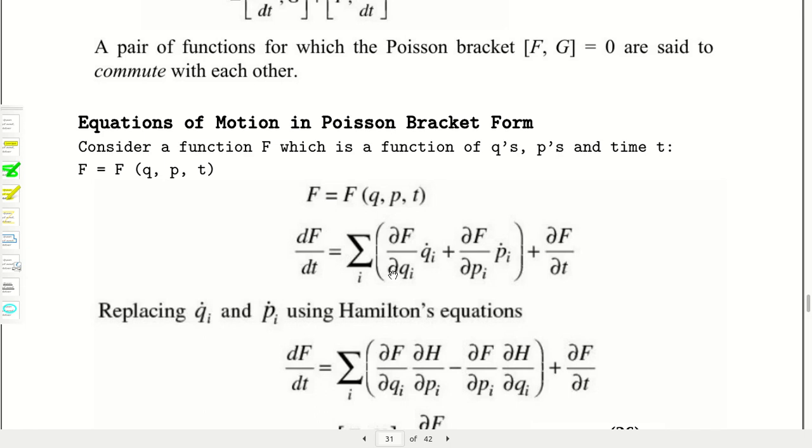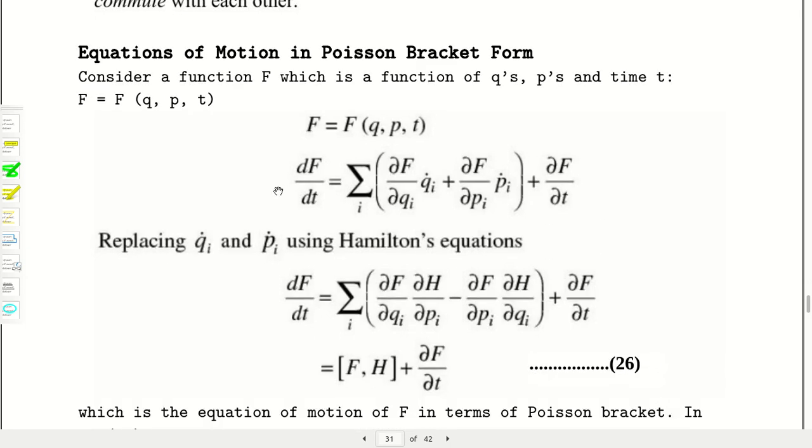Here the sum is there, so there are 2n terms and this is a single term, so 2n plus 1 terms. And if you put qi dot, using Hamilton's equations of motion, that is canonical equations of motion, qi dot is equal to ∂H/∂pi, and pi dot is equal to minus ∂H/∂qi, where H is the Hamiltonian function of the system.